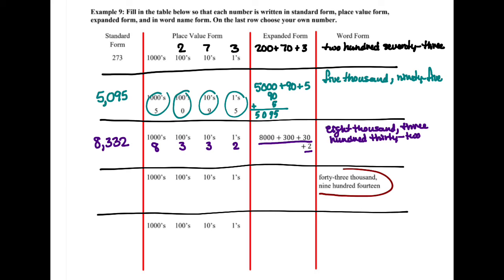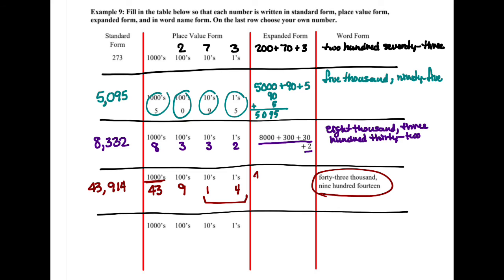Next one. Okay, 43,000, we're down here, 43,914. So we have 43,900. Okay, now 14, you have 1 ten and 4 ones, right? Because that gives you your 14. So 43,914. Now I'm going to do expanded form just with the thousands because that's as far as they got.